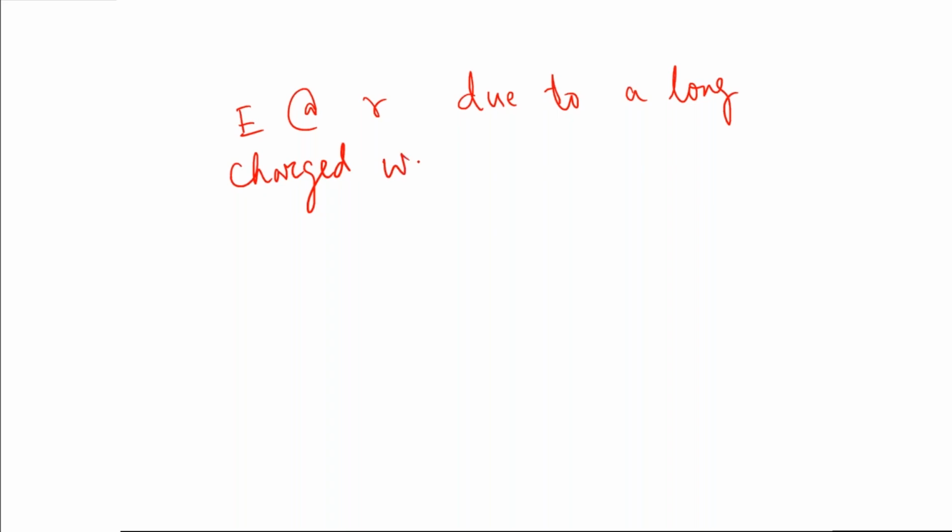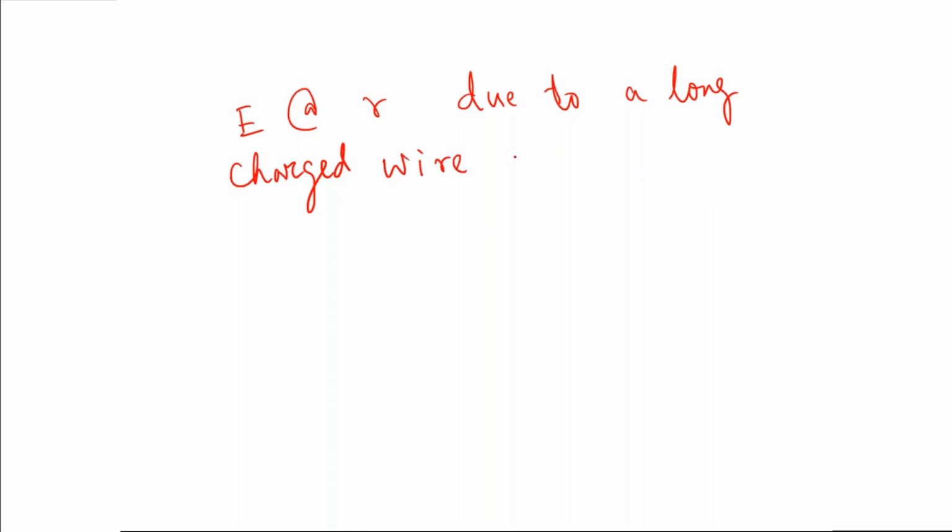Obviously, this wire is uniformly charged and has uniform line charge density lambda.